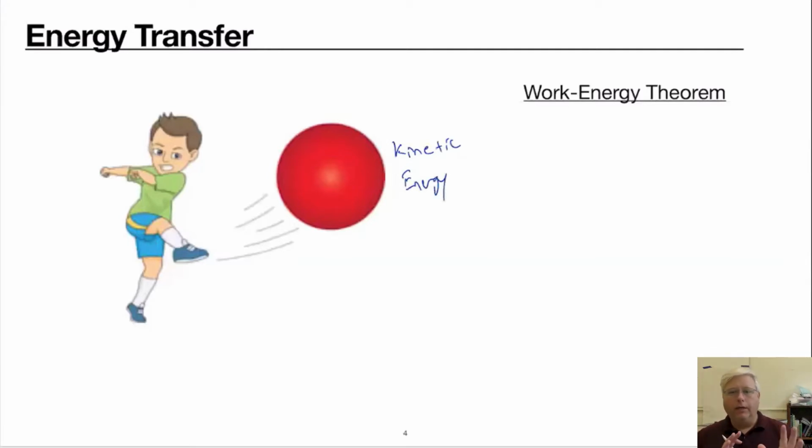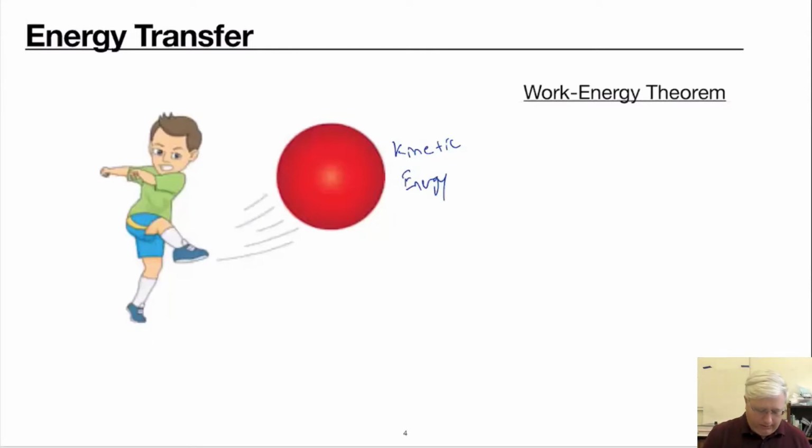Okay, so we can consider the ball to be the system, and the force that your foot provides can be the external environment. It's doing work on the ball. So the work done by the force of your foot is equal to the energy gained by the ball, in the ideal world where there's no friction, which we can model.